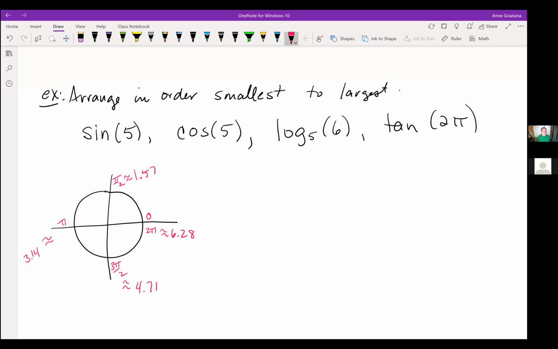Okay, so on our unit circle, remember the first stop is pi over 2, then pi, then 3 pi over 2, and then 2 pi. And then I put the decimal approximations there.